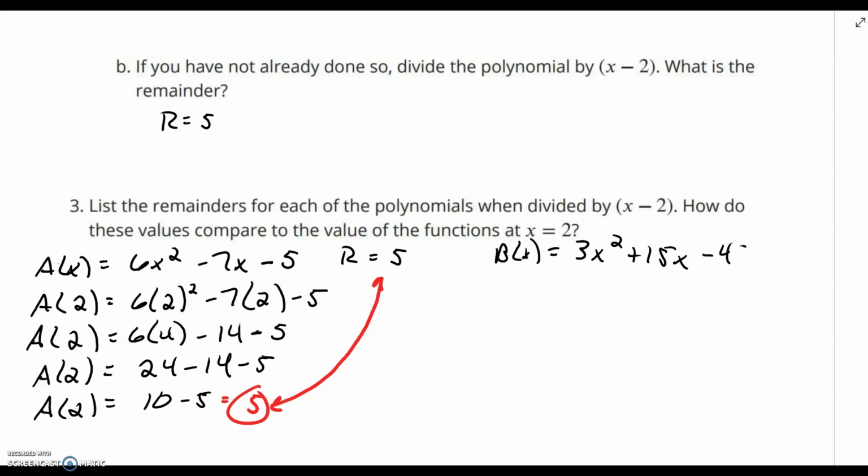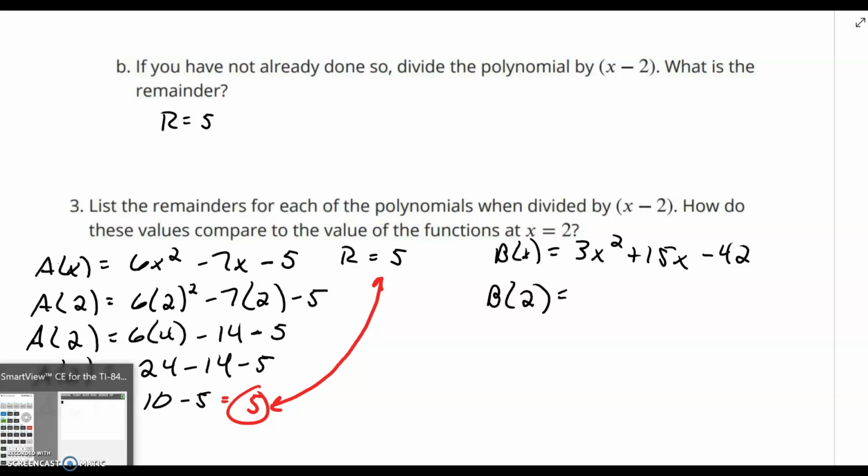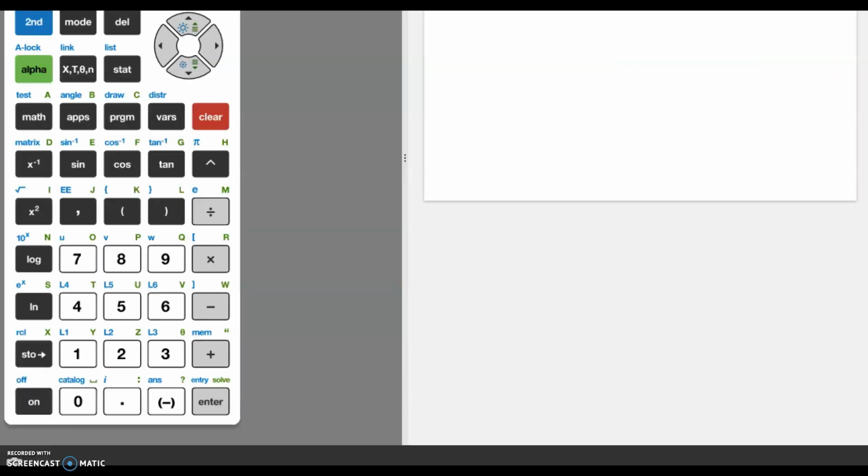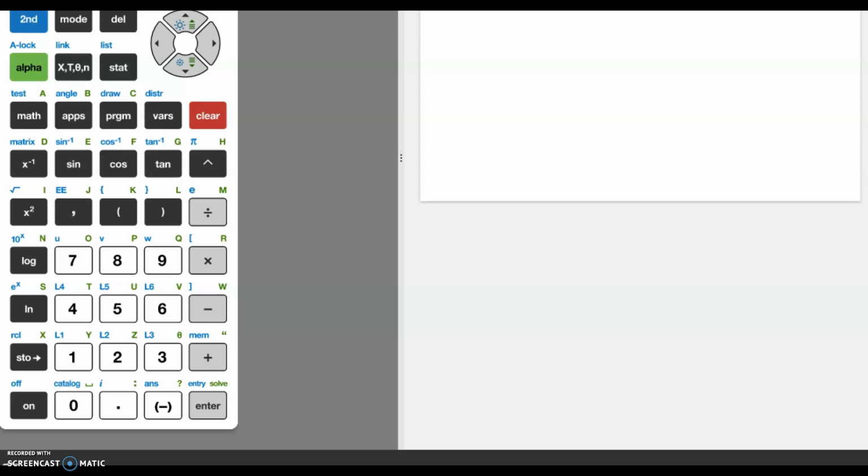Now, if you have a graphing calculator, something that's really handy is that you can store your x value to be the exact size that you need it to be. Let me make my calculator fit here. How's that?